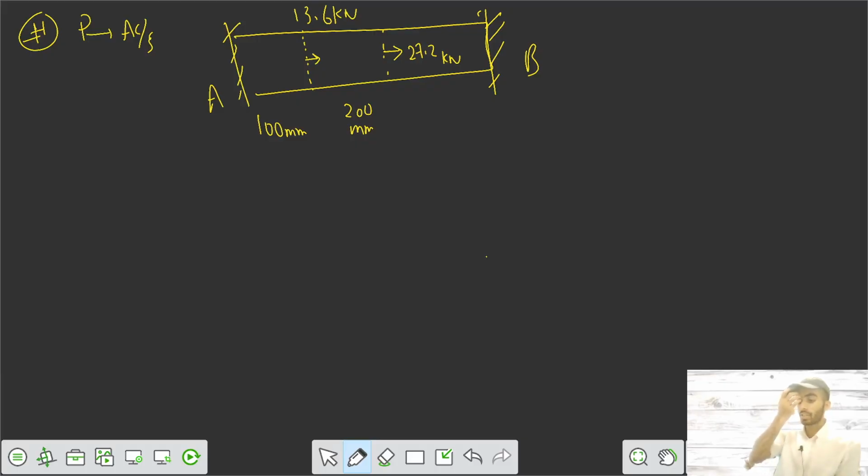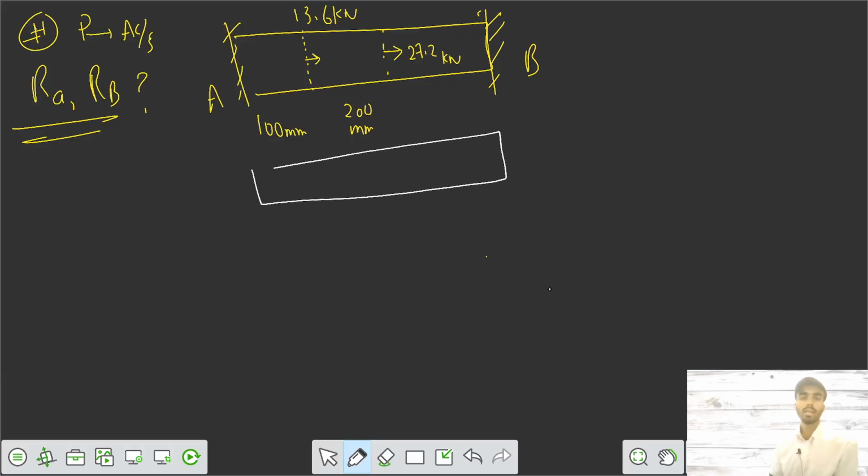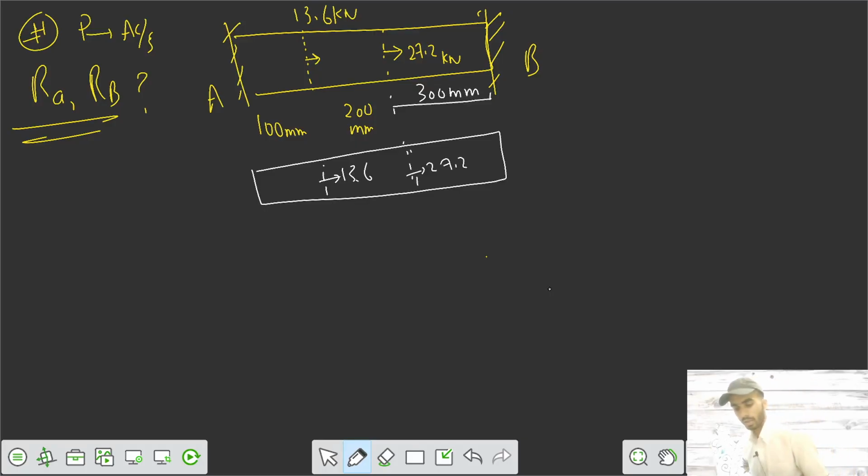The question is saying, get the reactions at the supports. Find reactions RA and RB. So we can do free body diagram analysis. Let's remove the support. You can say this is your 13.6 and this one is your 27.2, and the length between these two is equal to 300 mm.